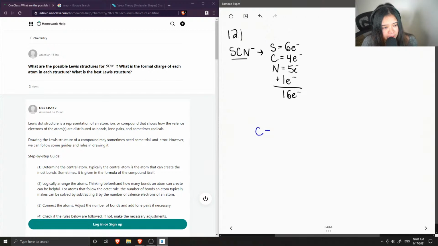And then let's see all the different structures we can obtain. So you could have a triple bonded sulfur and a single bonded nitrogen. And I'm going to write the equation for formal charge up here.